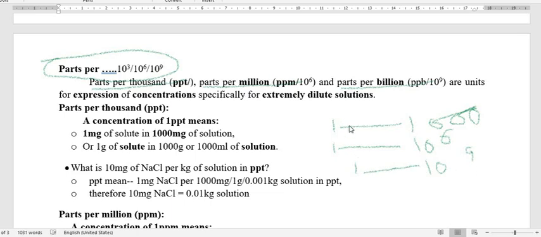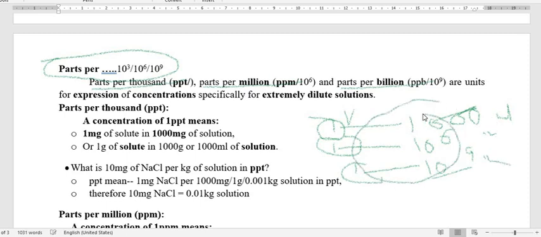If we take the example of KMnO4, 1 gram in 1000 ml is called PPT. The same thing, 1 gram in 10 to the power 6 ml, is parts per million, and 1 gram in 10 to the power 9 ml is parts per billion. So these are parts per thousand, million, and billion, according to the numerical value.